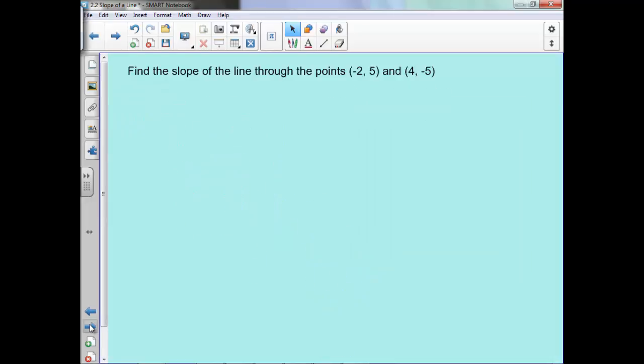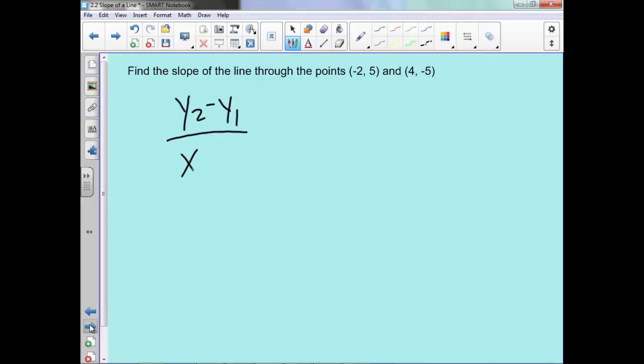So now we're going to use the formula to figure out the slope between these two points. Remember, it was y2 minus y1 over x2 minus x1 was our formula. So using our points, our second y-coordinate is -5 minus our first y-coordinate, which is +5.